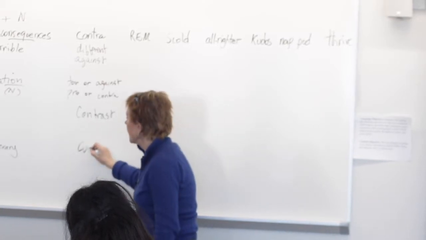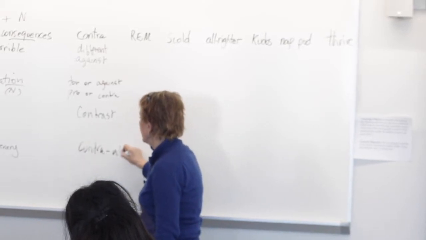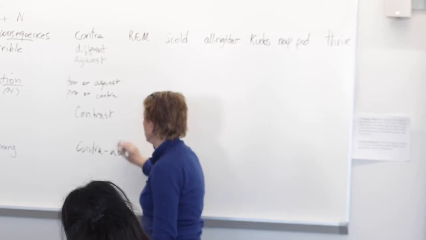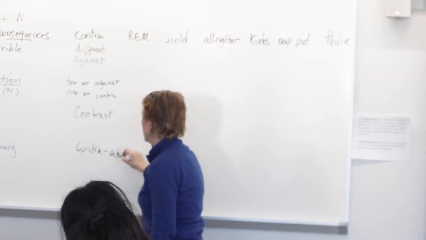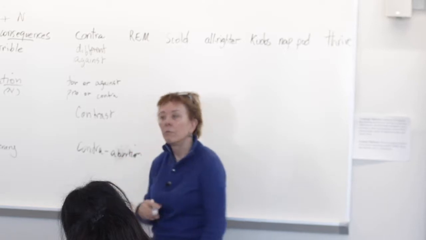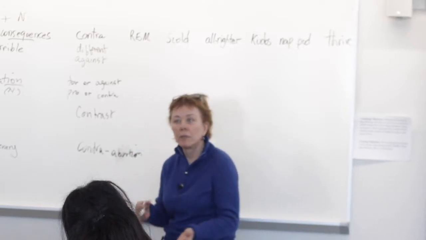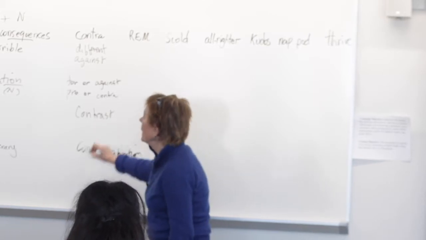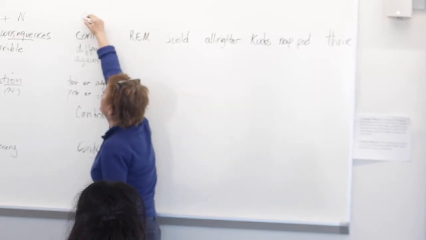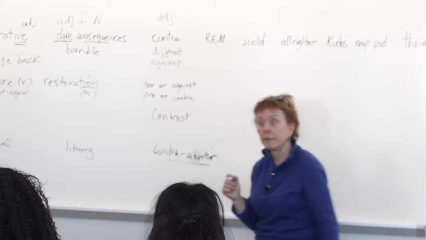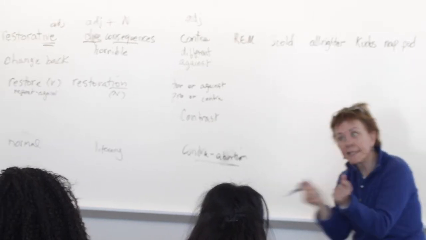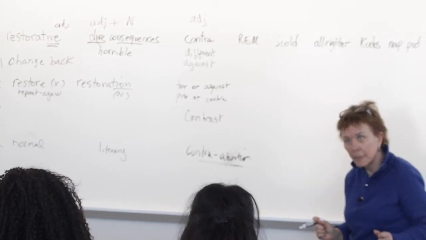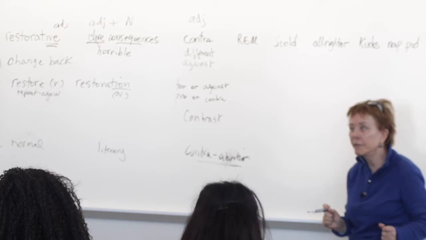We usually use it like contra abortion. Pro-abortion, pro-life, contra-abortion, against life. So it's usually used together, and it is truly, like you said, an adjective. But it's partial. It mixes with other words. Okay? So far, so good?